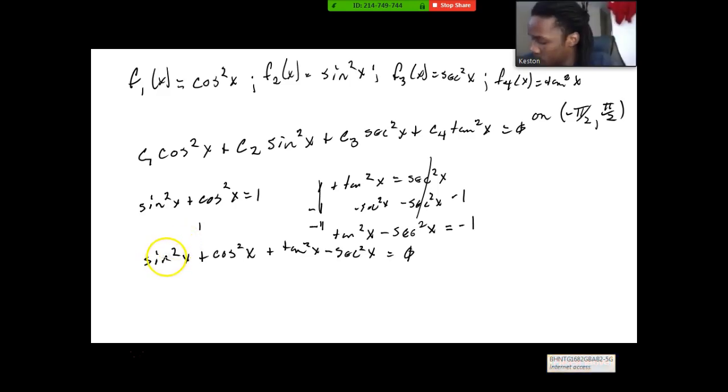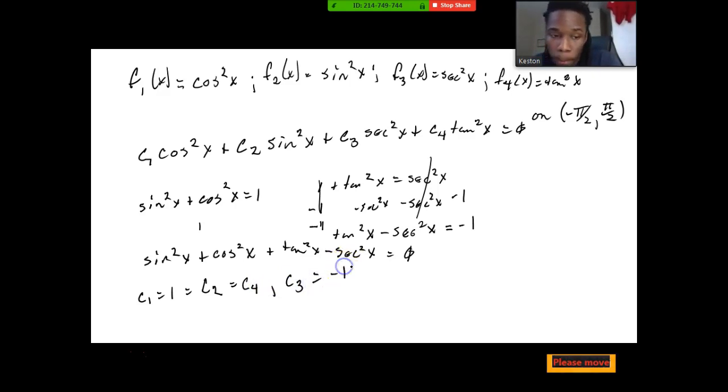That's not having any of those coefficients being 0. So the coefficients here: C1 is equal to 1, C2 is equal to 1, C4 is equal to 1, and C3 is equal to negative 1.